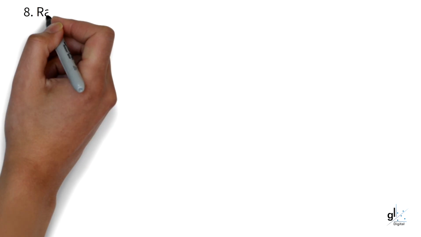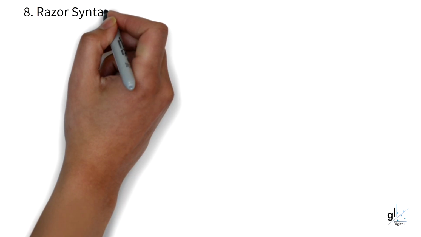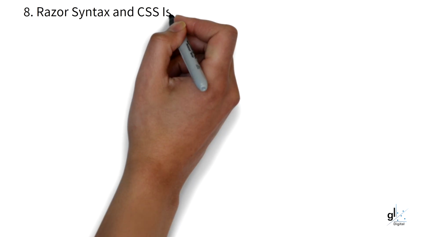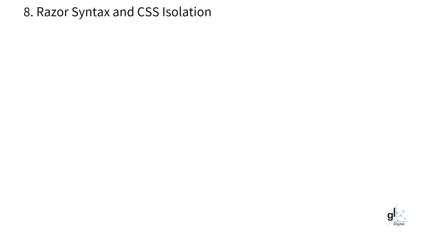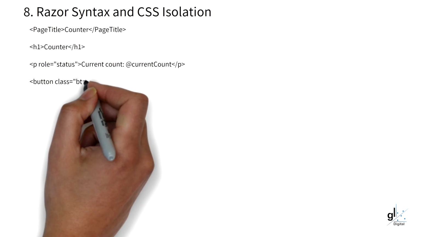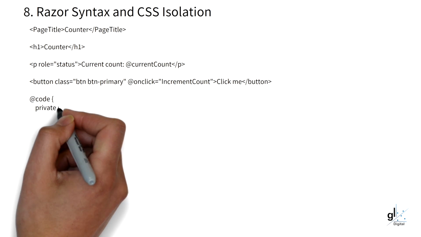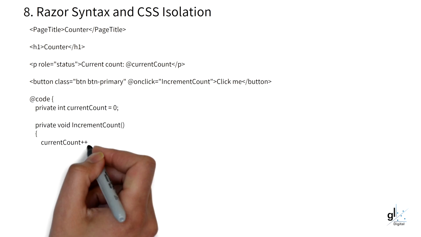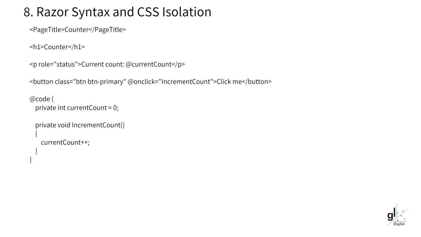Number 8, Razor syntax and CSS isolation. This is certainly the least obscure feature on this list. I felt I had to include Razor syntax because I love being able to easily blend raw HTML with C# logic in order to code my UI components.